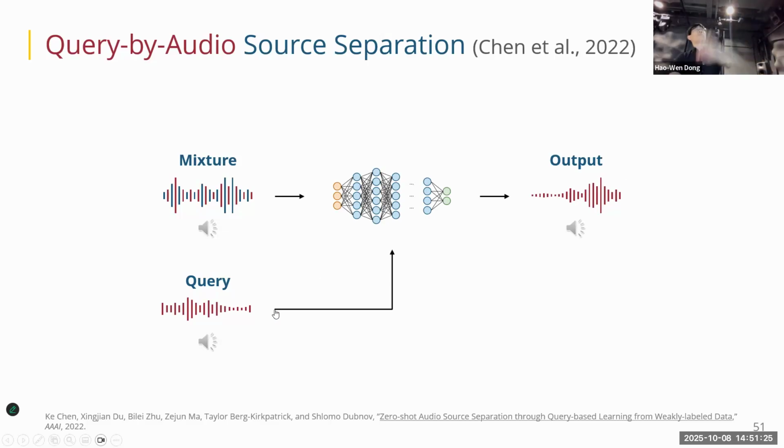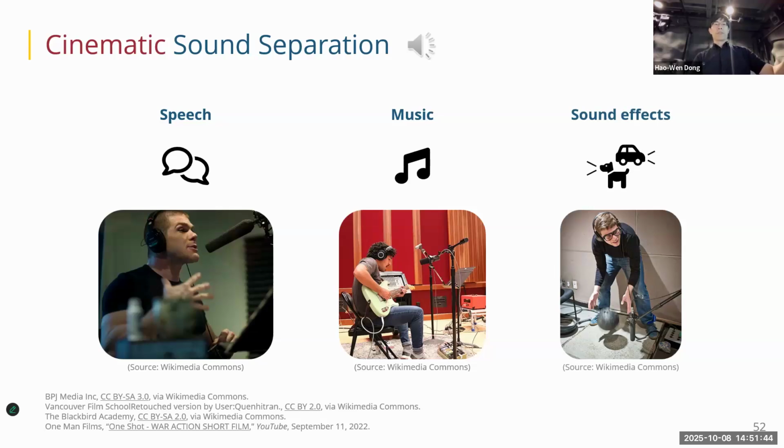You could just grab that query and get the outputs. Of course, the result is not as good as predefined categories, but now it can extend beyond those predefined instruments. We will talk about this next. But in homework two, you will experience this.